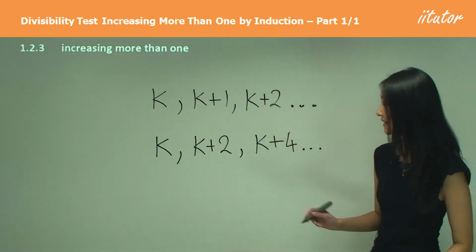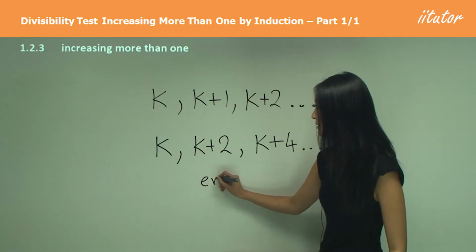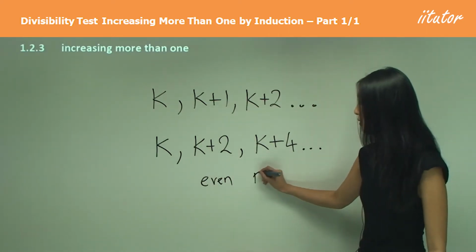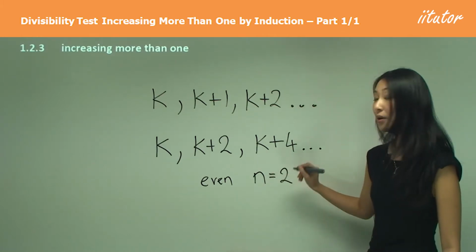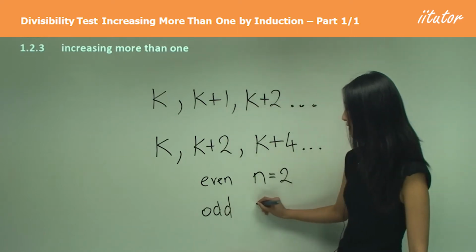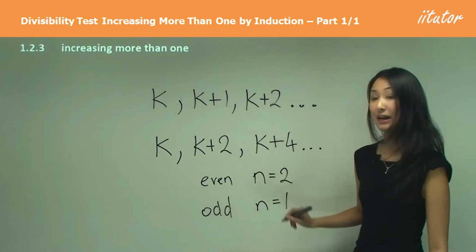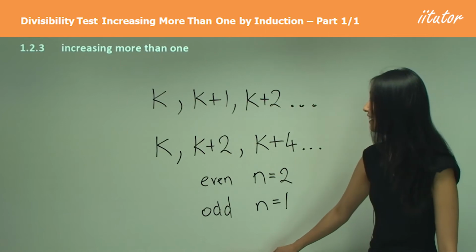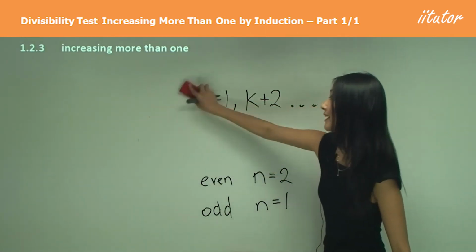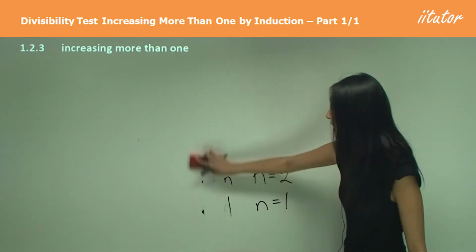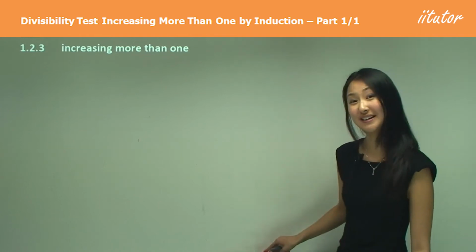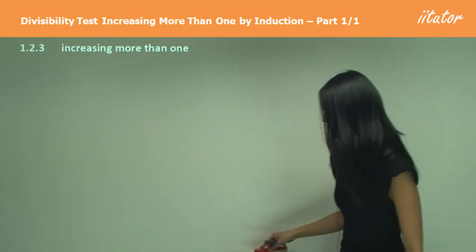The only difference is with even numbers, we start off with the smallest even number, which is n equals 2, whereas for odd numbers, we start off with the smallest odd number, which is n equals 1, okay? These questions come into play most frequently when the question specifies that this proof only works if it's even or odd. And this is what you're going to see in the next question.